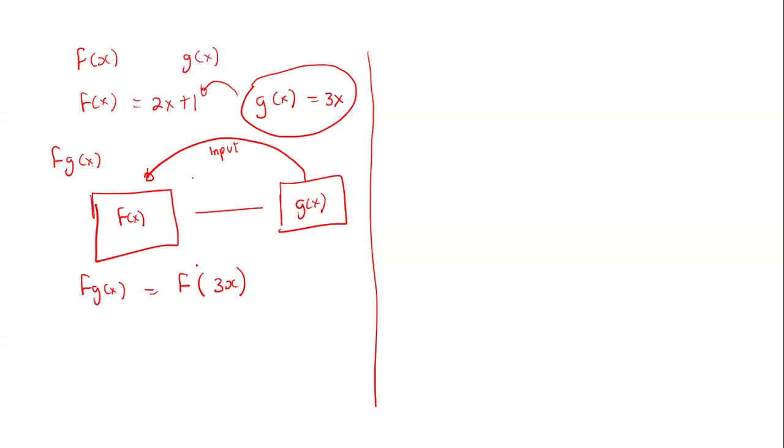Now, wherever in f of x we have x is where you are going to place it. So remember our f of x is given by 2x plus 1. So that means that where there is x here is where we put g of x. So this will give us 2 into 3x, then plus 1, which will give us 6x plus 1.